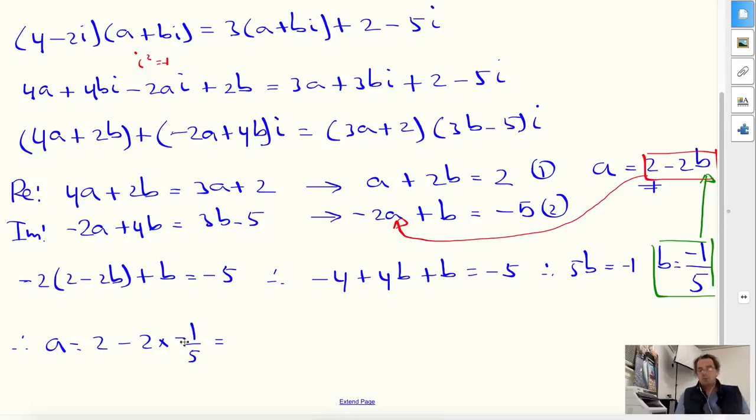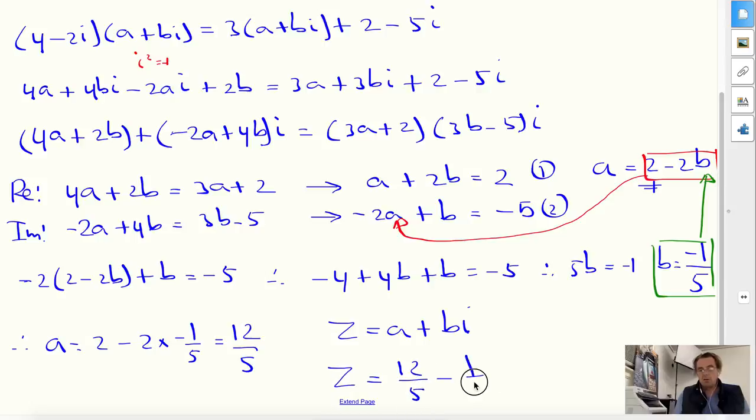That's 10 over 5 plus 2 over 5, 12 over 5. Now we started off by saying that z is a plus bi, so z is 12 over 5 take 1 over 5 i. This is the complex number that satisfies the equation.